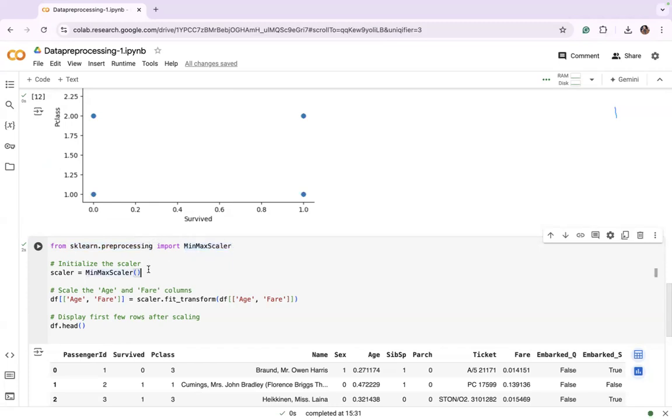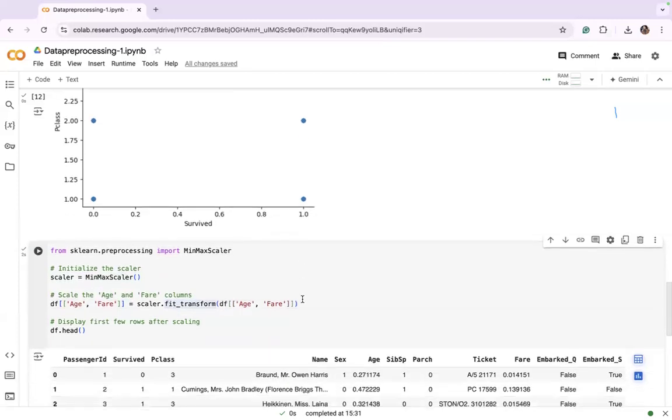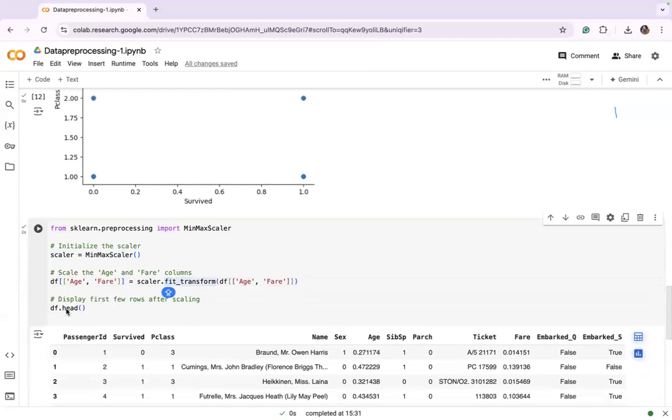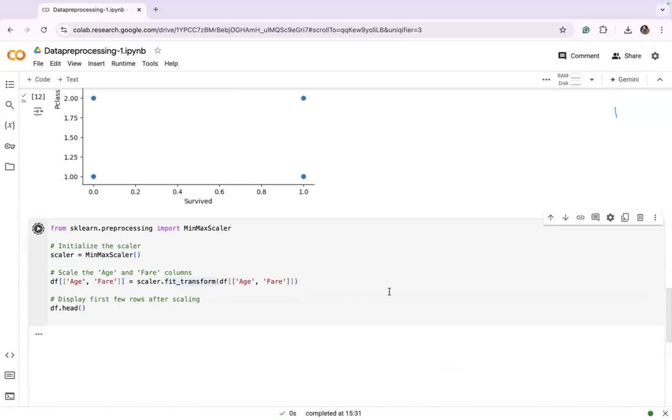First of all we have to initialize it. We put it in the variable scaler, and then we apply scaler fit transform on the age and fare columns. Then we display the first few rows. Let's run this, then you will understand what is going on.